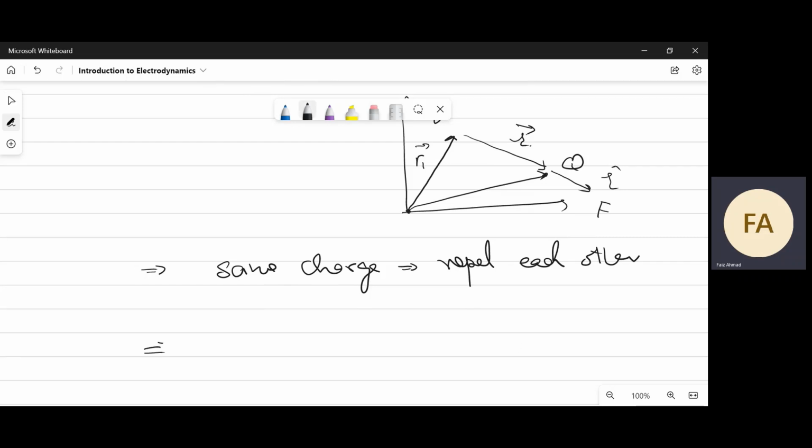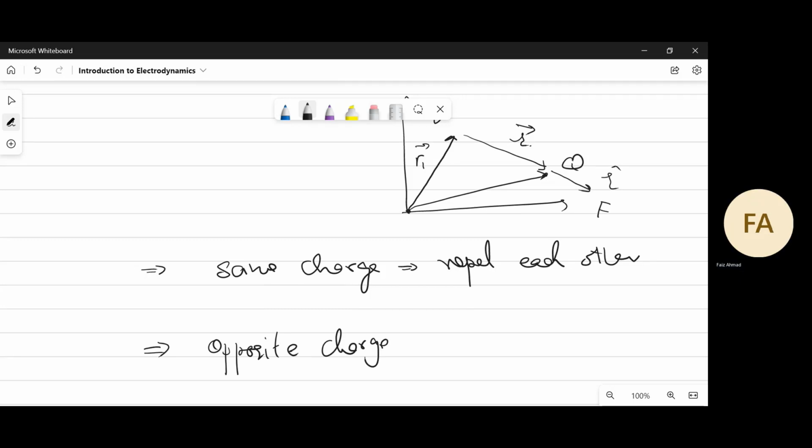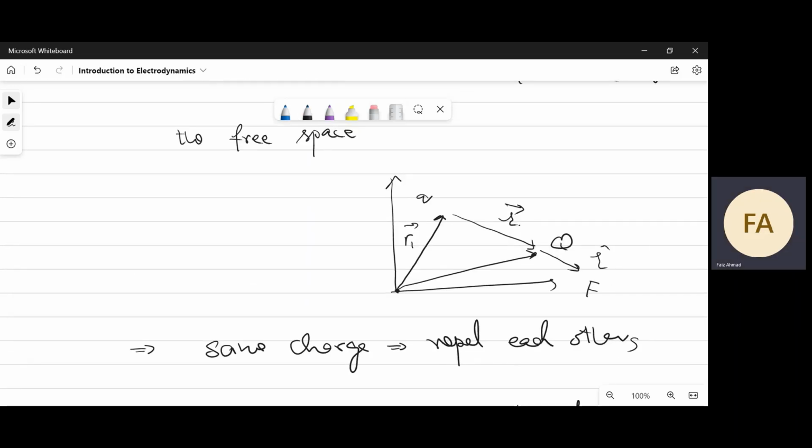And if we have opposite charges, opposite charges attract each other. So this charge is pulling the charge here, and the direction of the force will be in this direction.